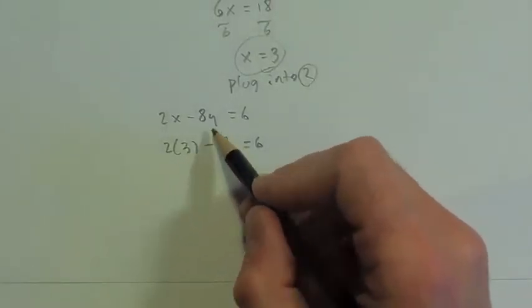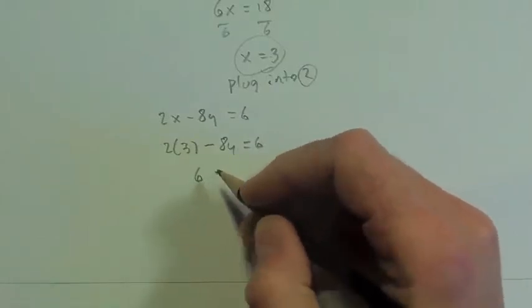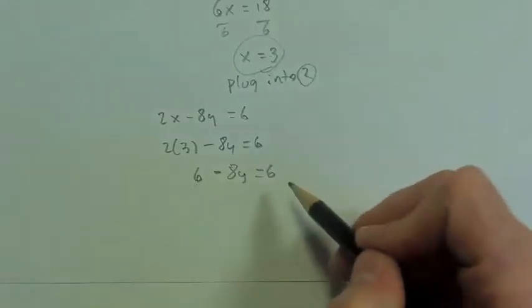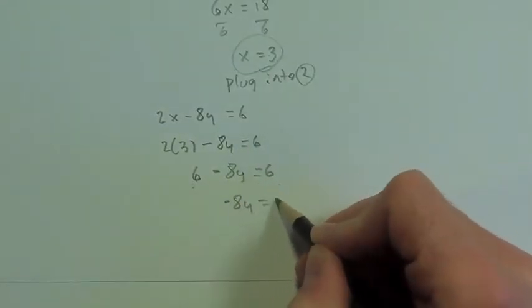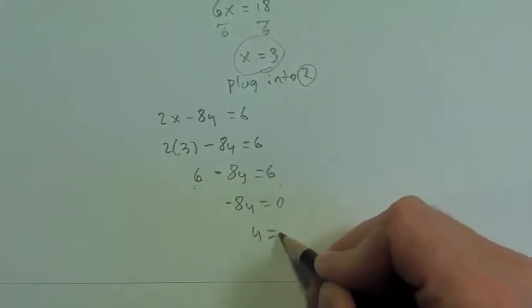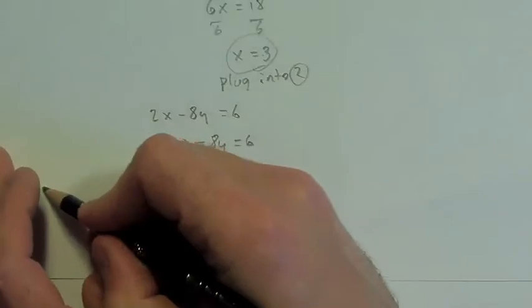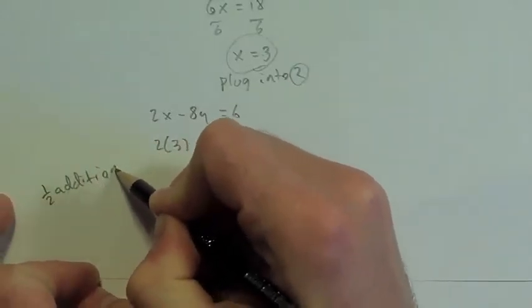So you'd get 6 minus 8y is equal to 6, and the 6's are going to cancel. When I move the 6's over, I get negative 8y is equal to 0, so y is equal to 0. So doing it this way, this is half addition, half substitution.